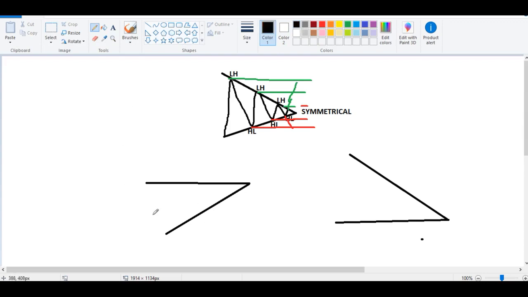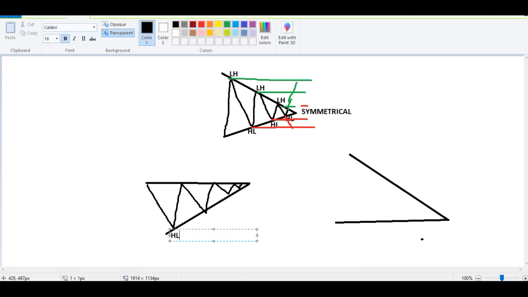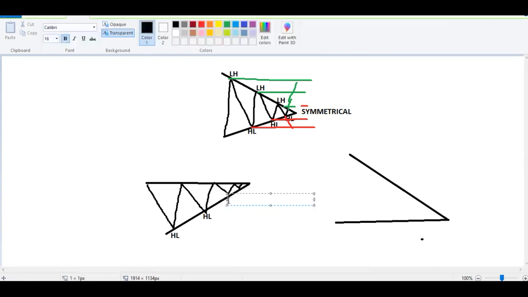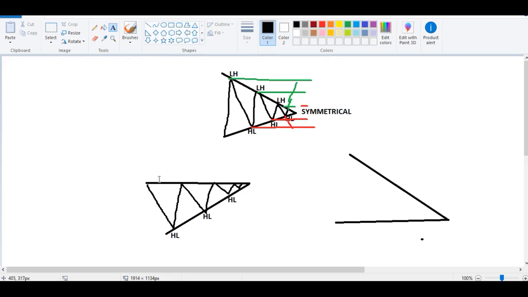Now let's come to the ascending triangle. So an ascending triangle will look like this, where we have higher lows, and similar highs, right?